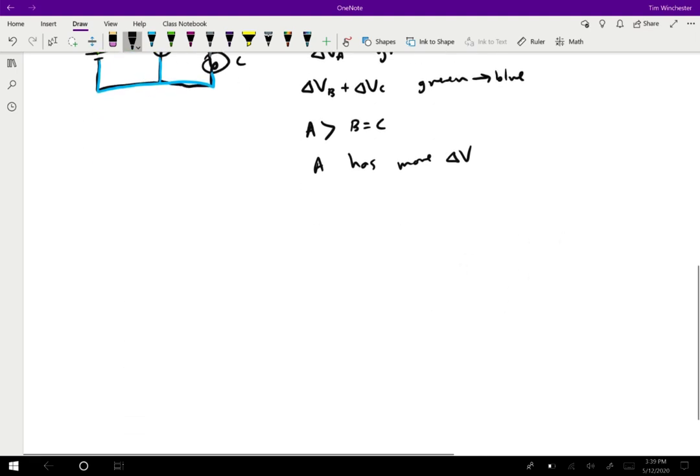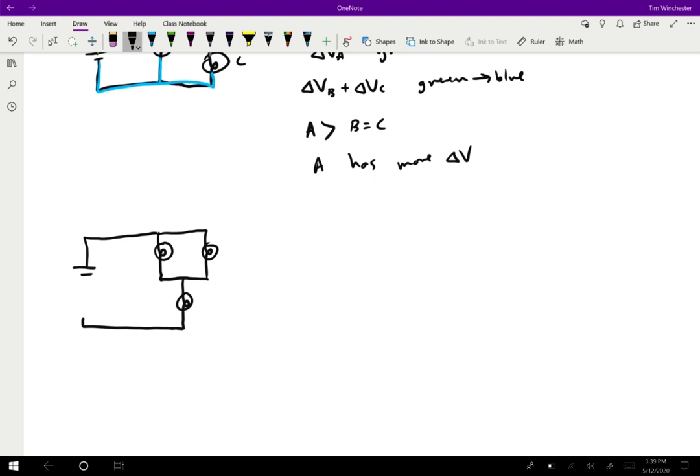Okay, let's go through another example. So let's say that we have a circuit where we have a bulb like this, and then another one over here like this, and then a third one like that. Okay, so let's color the wires.